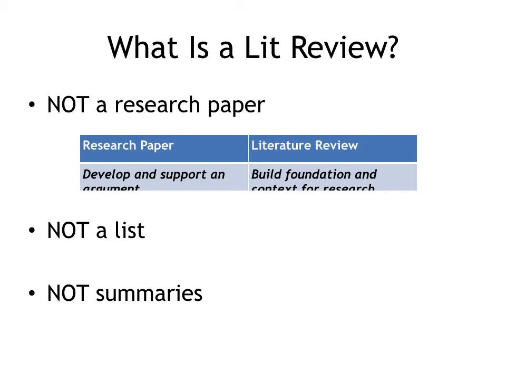It's kind of like building an argument, and that's a good research paper, focused on something. A literature review, however, you are building the foundation and setting the context for the research that you're going to do. And so you're building a rationale for why this research needs to be done. So they're two different animals, and grad students often get confused about that.